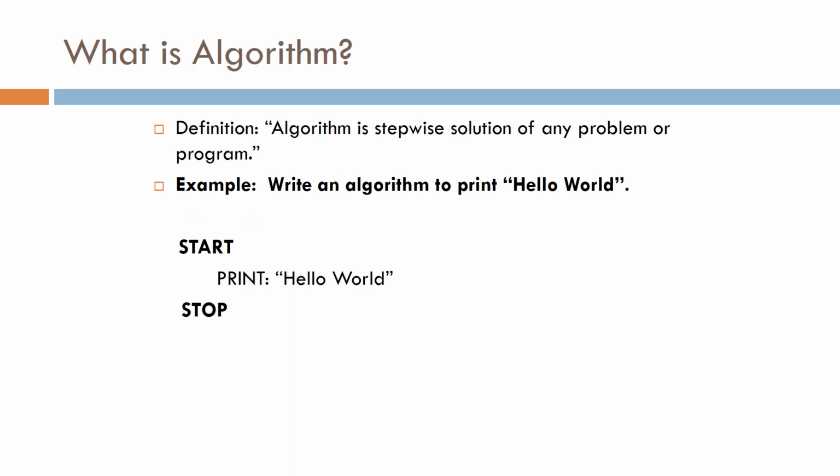First, what is algorithm? The definition of algorithm is a stepwise solution of any problem or program. That means algorithm is a solution of any problem, or you can say a program.